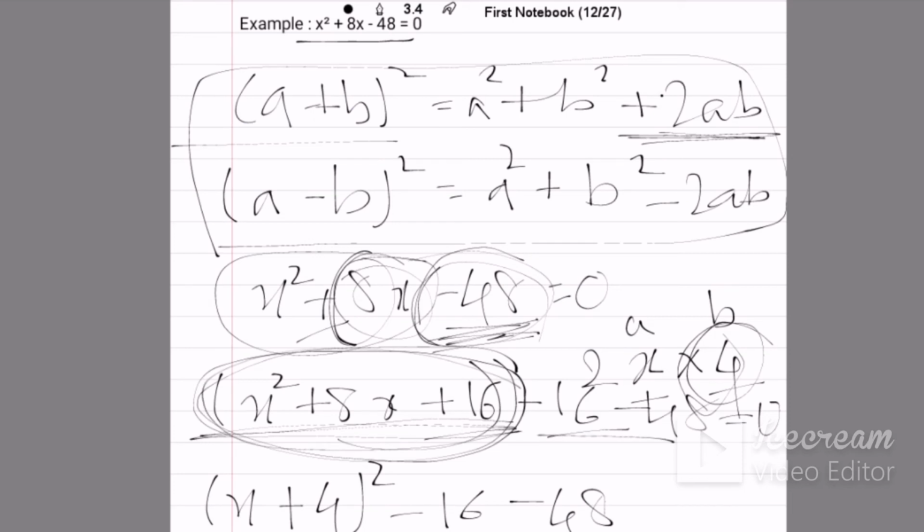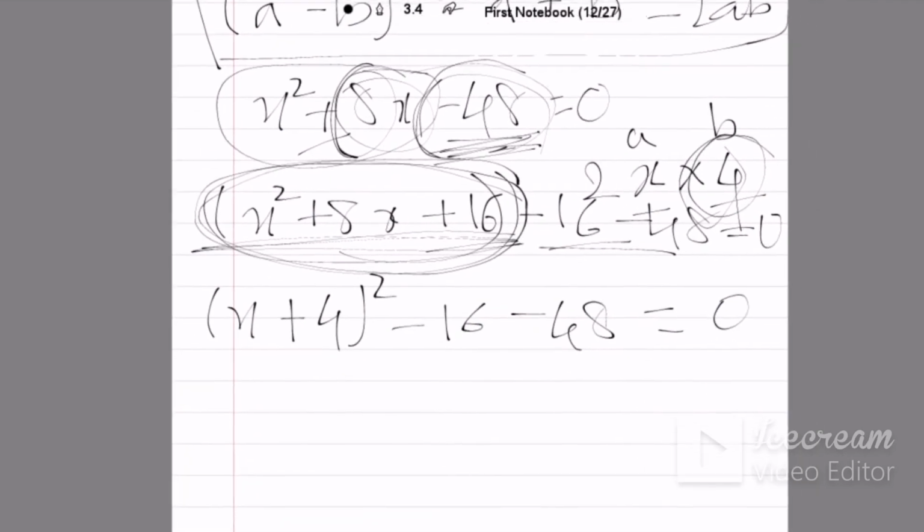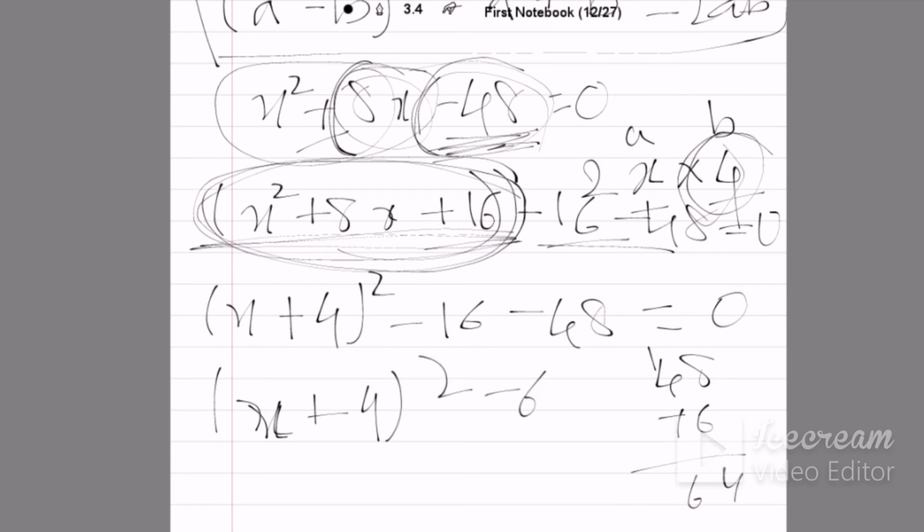And this 16 and this 48 is left over there. So we are going to just add that. Now we have to add this 48 and 16, that is minus minus, which is addition, right? So this becomes 64. So (x plus 4) whole square minus 64 is equal to 0.